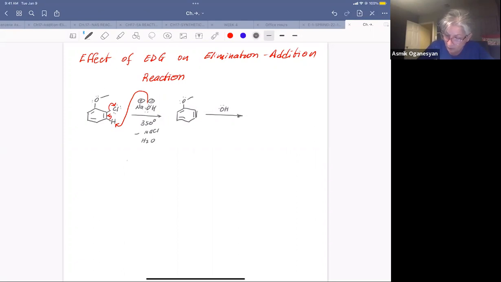So if we put hydroxy group, attack the ortho position, the electrons are going to move around, and they will stop right on the carbon that carries electron donating group. So the result of such arrangement will be the following.